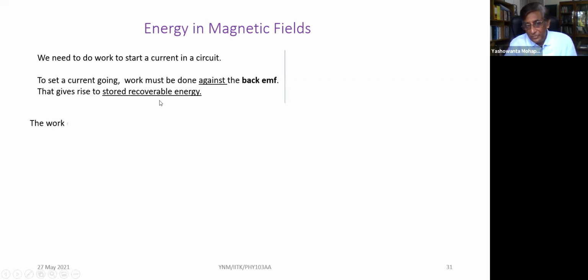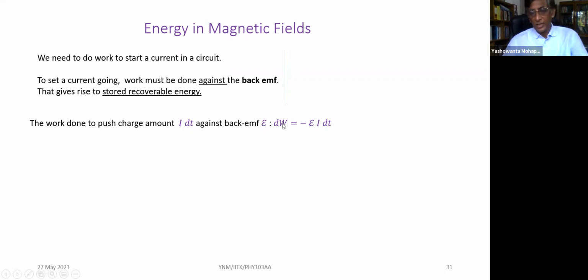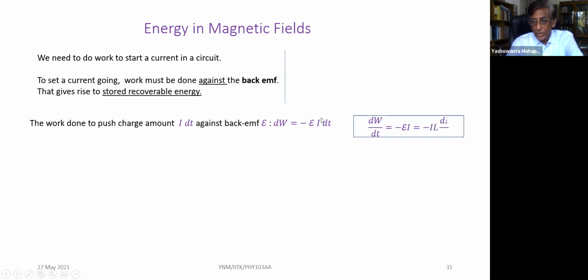So the work done to push charge, in a small time dt, what is the amount of charge dq? dq is I dt, but we'll be working against the back EMF, let's say E. So the differential work done would be minus EMF times I dt. Hence dW by dt, the rate of doing work, would be minus EMF times I, and we know EMF is minus L dI by dt.